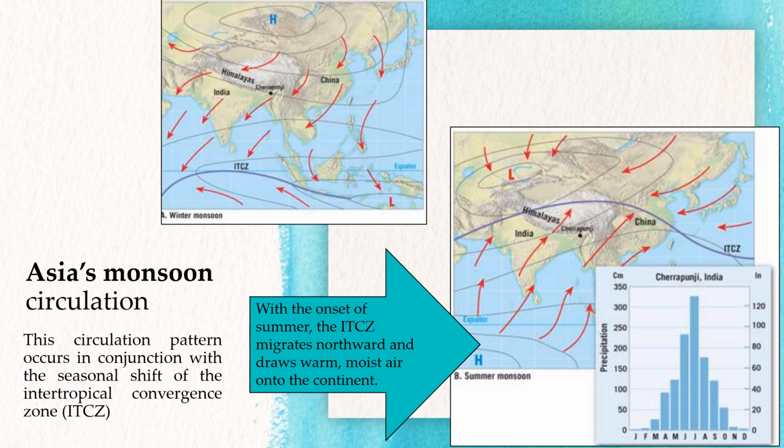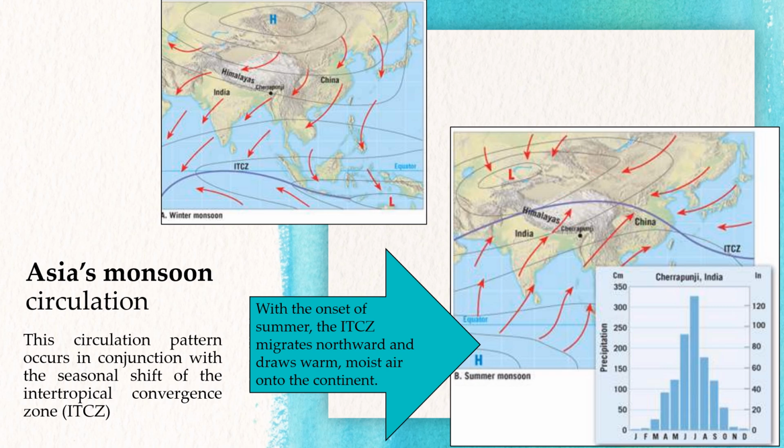And the opposite of this is the winter monsoon. This occurs in the Asian winter as the ITCZ moves south of the equator. The arrow is moving southward in the winter, compared to the summer, when it is moving northward.